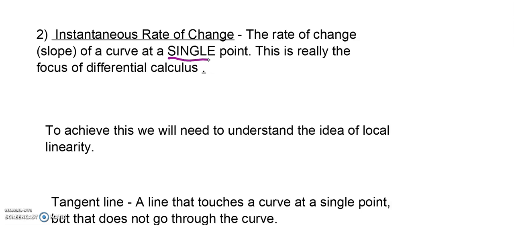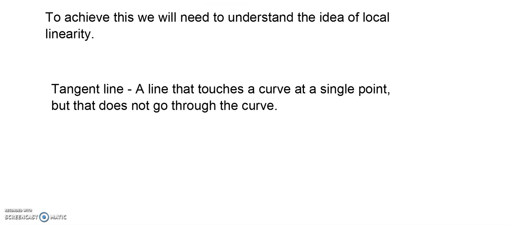Well, to achieve this idea of instantaneous rate of change, we need to understand something called local linearity. But before we can do that, I need to remind you that we have something in math called a tangent line. The tangent line is a line that touches a curve at a single point but does not go through the curve. You probably remember this when you talked about circles back in geometry, and you had a line that looked like this.